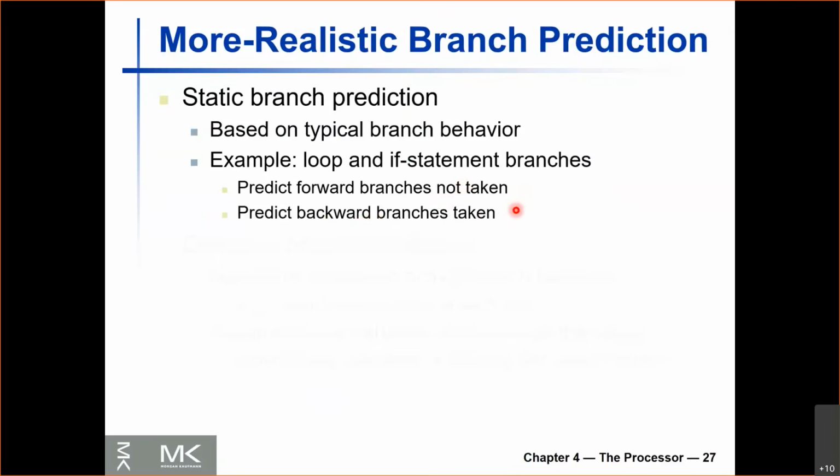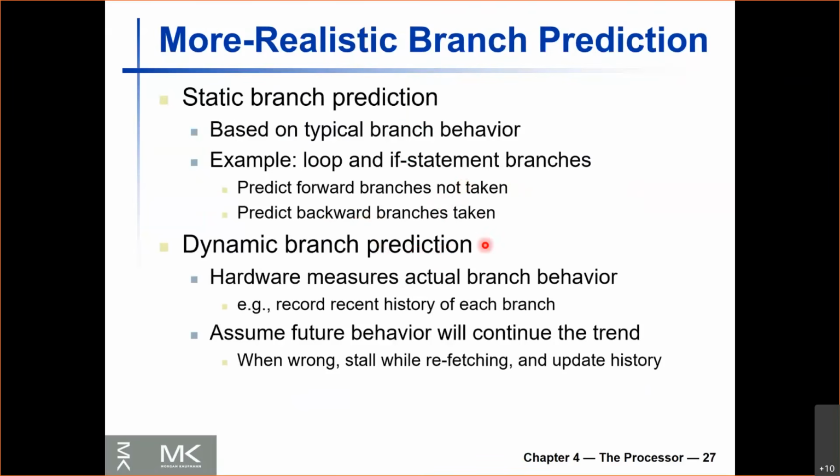We also have dynamic prediction, and dynamic branch prediction is even fancier. This is actually what many processors use, and it's very accurate. Dynamic branch prediction measures the historical behavior of the branch and makes a prediction based on it. It's like, well, the last time, or the last 2 times, or the last however many times, I took this branch, so most likely I will also take it this time.